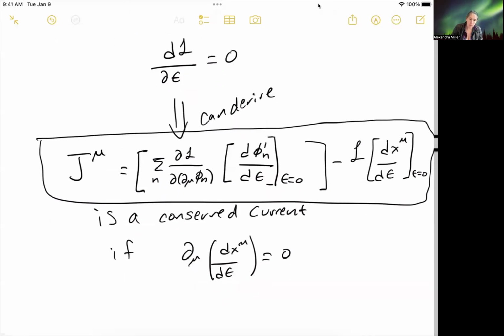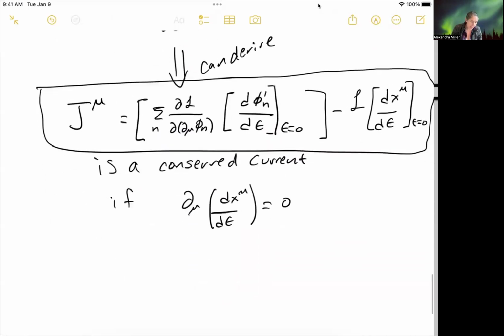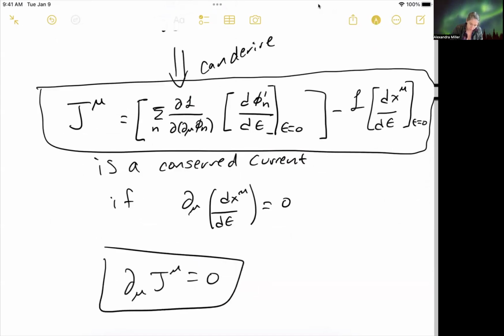It is important to note that it also needs to be 0 in order for J to be a conserved current. And the statement of J being conserved is that d mu J mu equals 0. So this is what it means for J to be conserved.